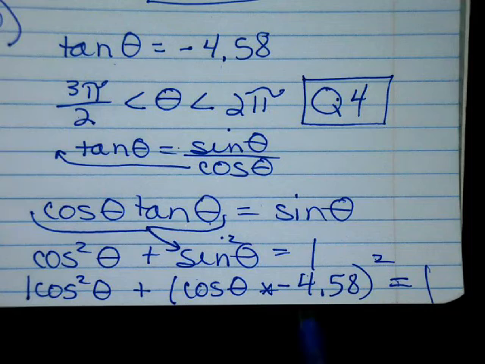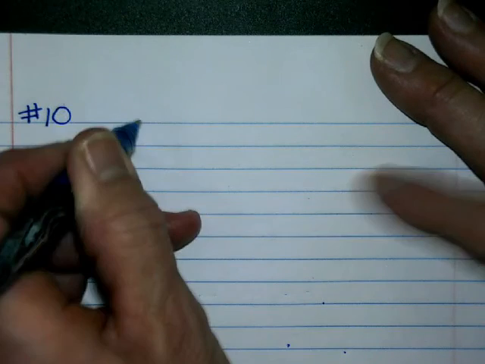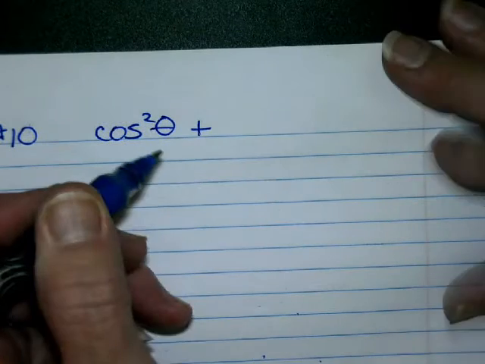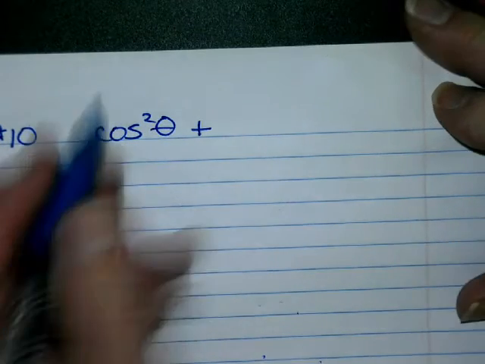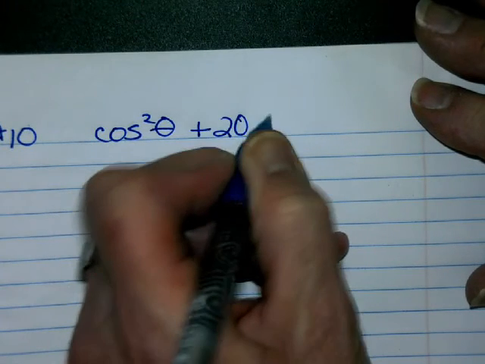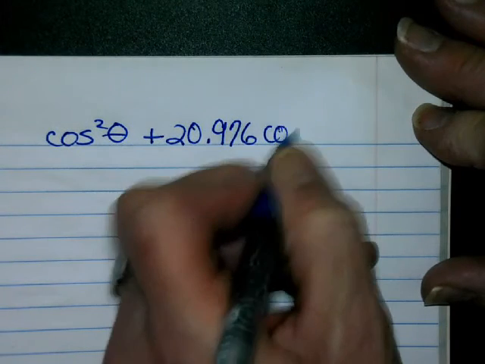So I have 1 cosine squared theta plus whatever a negative 4.58 squared is times cosine squared theta equals 1. And the negative 4.58 squared is 20.976.